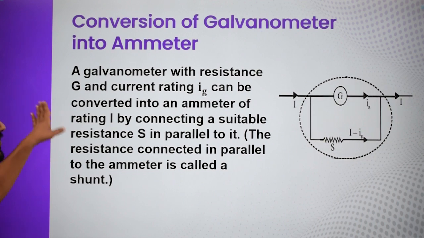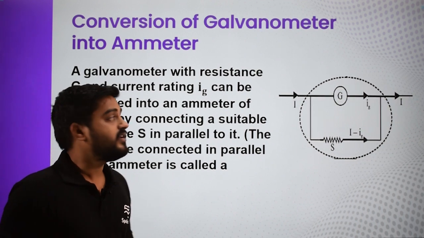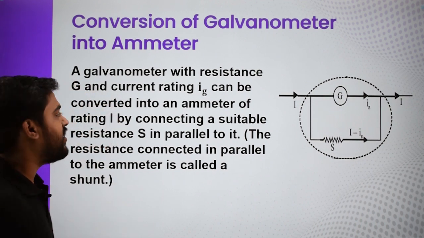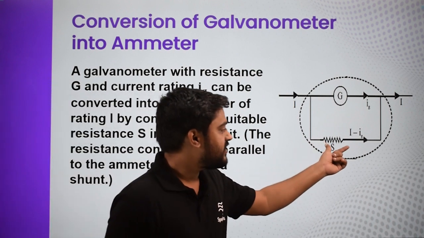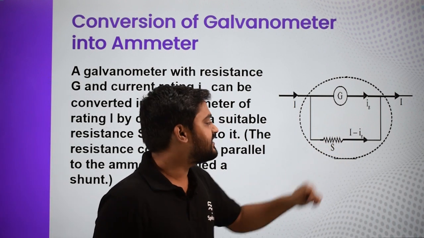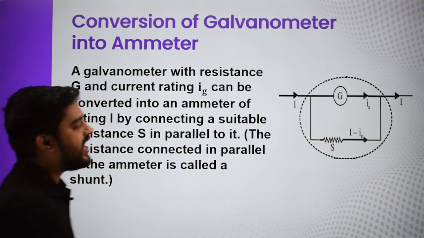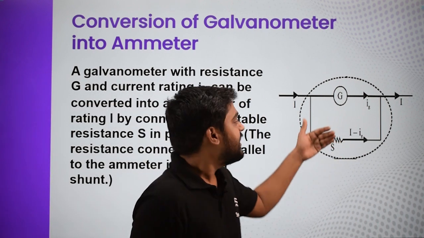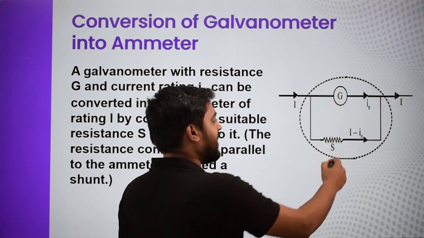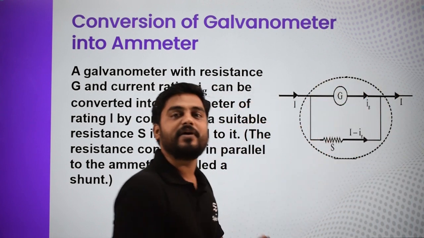Now, conversion of a galvanometer into an ammeter. We just connect a resistance S, and this S is called the shunt. So we have to connect a shunt resistance in parallel to a galvanometer, and everything inside this is basically my ammeter.